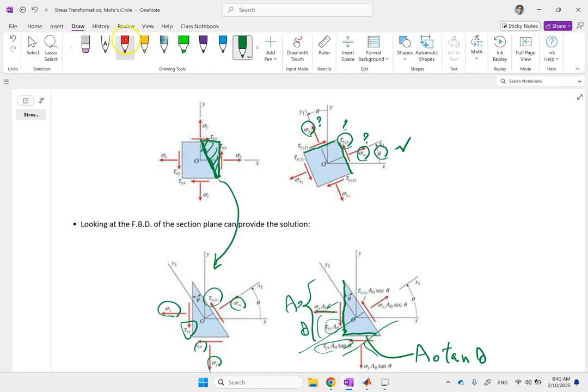And clearly the area of this face and this one are different areas. If one of them is A naught, then this one is A naught times tangent of theta, and this one is A naught times secant of theta. So we have to consider that, and you see they are all considered here.